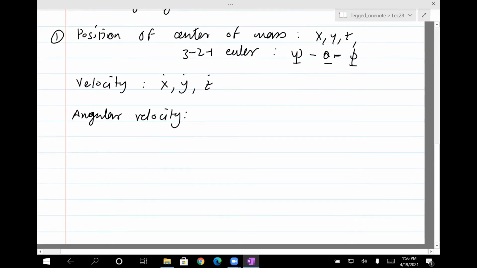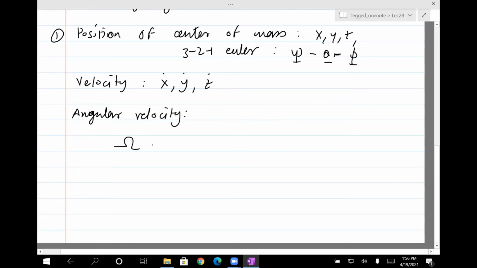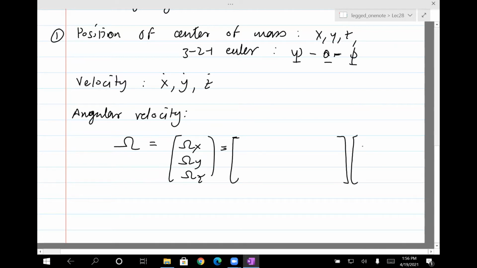So we need to write the angular velocity, and it's best to use the angular velocity in the body frame. Why I do that will be clear in just a minute. If the angular velocity in the body frame is omega x, omega y, omega z, then we derived a formula which relates these angular speeds with the Euler rates phi dot, theta dot and psi dot.